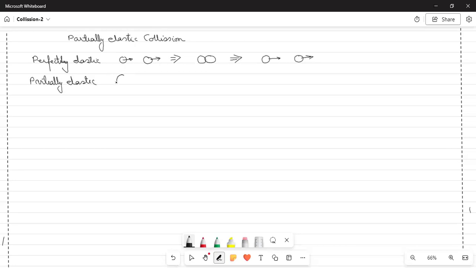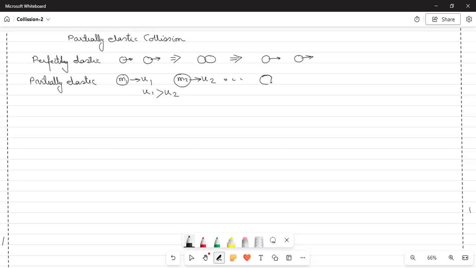And partially elastic happens like this. This is one body, say M1, with velocity U1. It is another body, M2, moving with a velocity of U2. And we assume U1 is more than U2. That means M1 moves faster. So after some time, they will collide, but it is partially elastic.